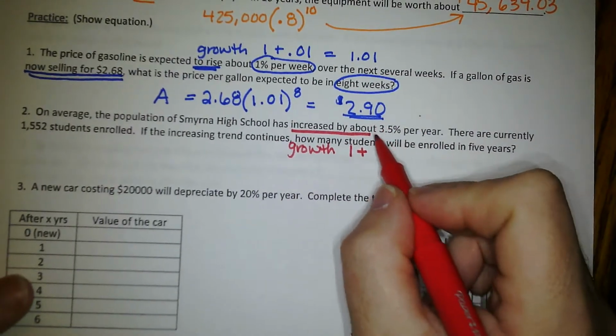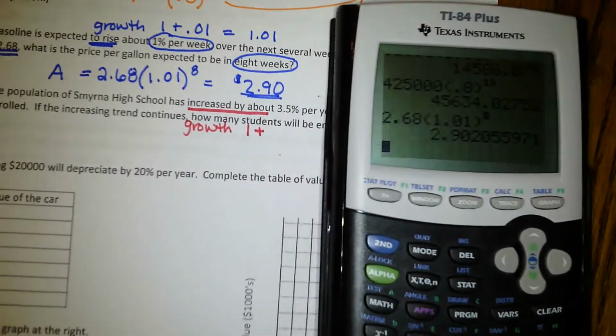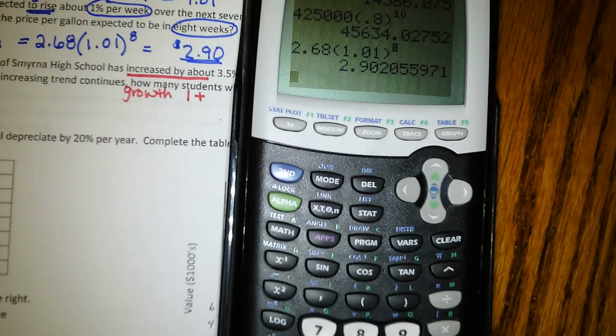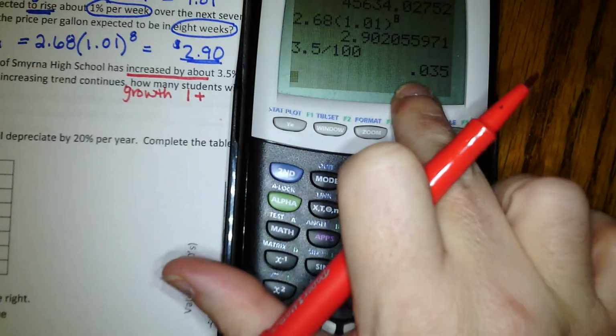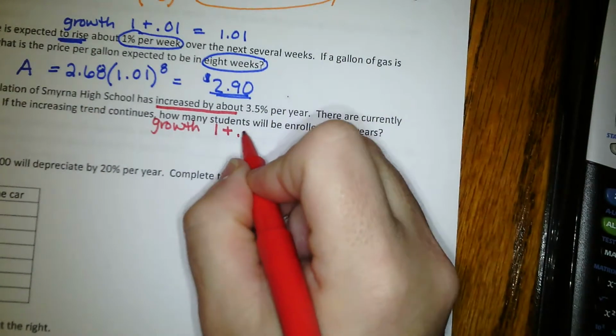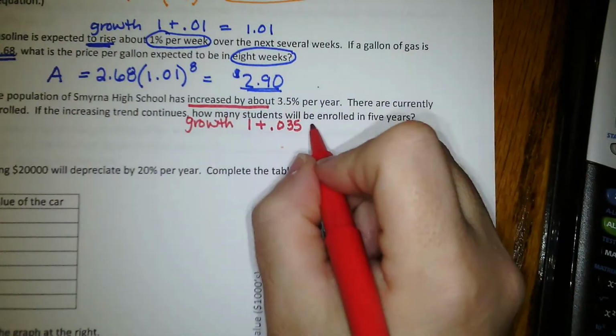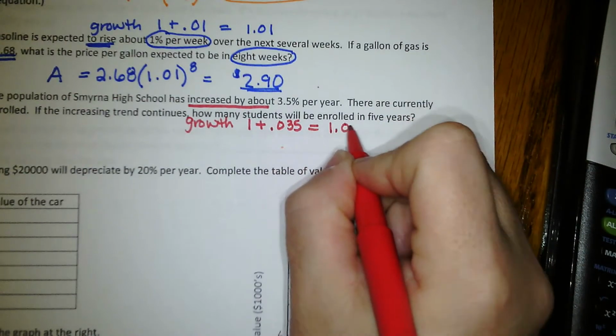Now, if you're not sure how to do the decimal equivalent, all you have to do is take 3.5 and divide by 100. So it's 0.035. Make sure you do that right. And that's going to be our growth factor. So our growth factor is going to be 1.035.